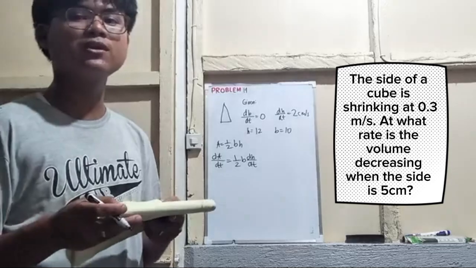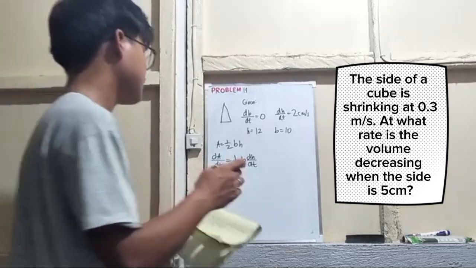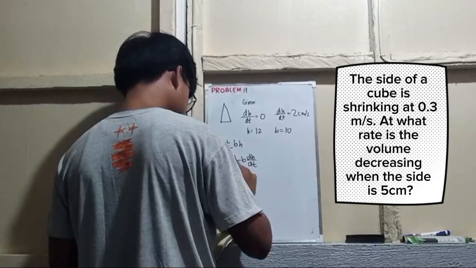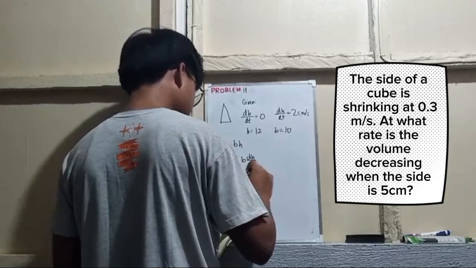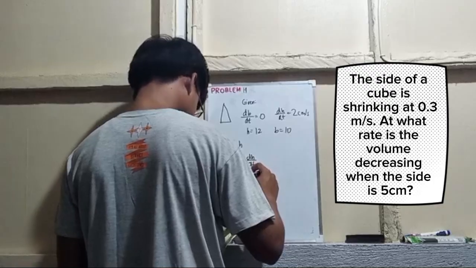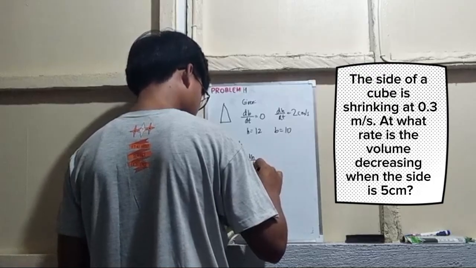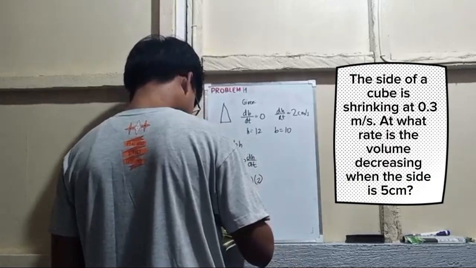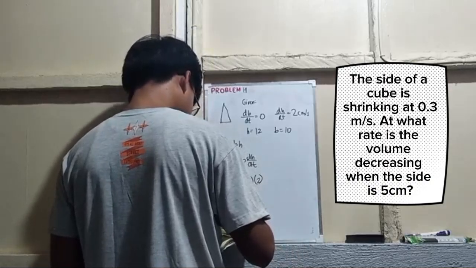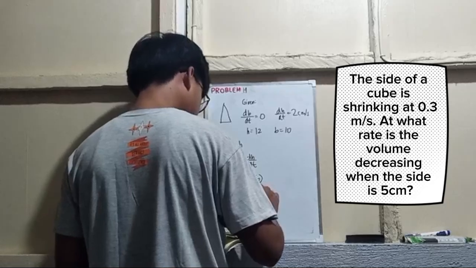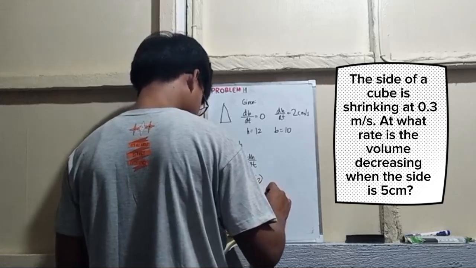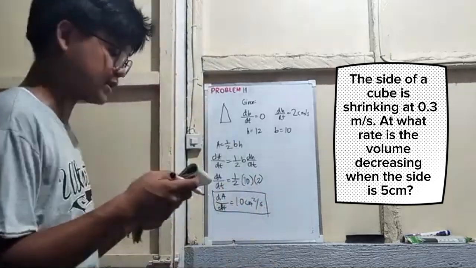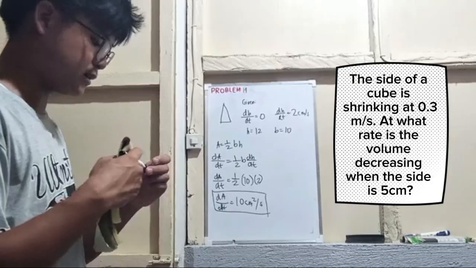So now we will substitute the given into the formula: dA over dt equal to 1/2, and our B is equal to 10, and our dh over dt is equal to 2. Then solve, we will get the value of 10 centimeters squared per second. So this is the final answer of the rate of the area of the triangle.